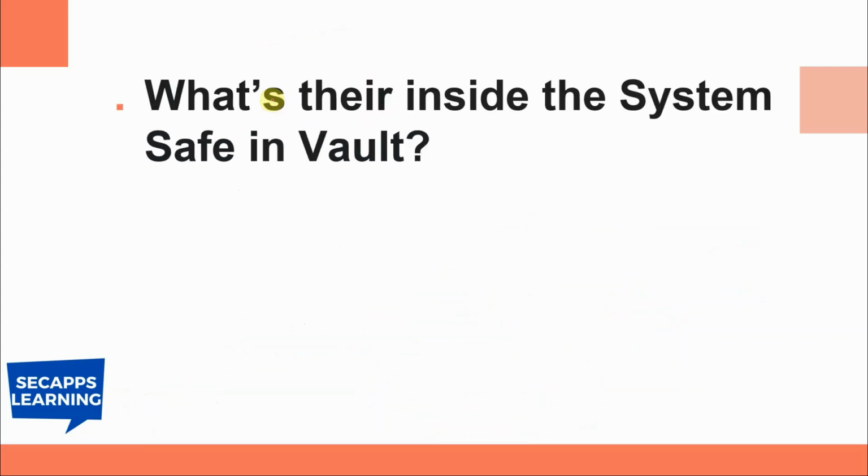What's there inside the system safe in Vault, guys? You are correct. Like we have dbparm.ini, we have this ITA log, passparm.ini, tsparm.ini, license file, and padagent.log. Those logs are related to your remote control agent, guys. Remote control agent is something using which you can take remote of another machine, just like your AnyDesk.